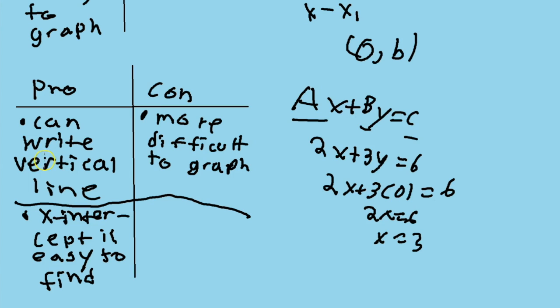But another con about standard form is that different equations in standard form can stand for the same line. For example, this equation right here, 2x plus 3y equals 6, and 4x plus 6y equals 12. When we graph this equation and we graph this equation, it will be the exact same line, even though they're different equations.